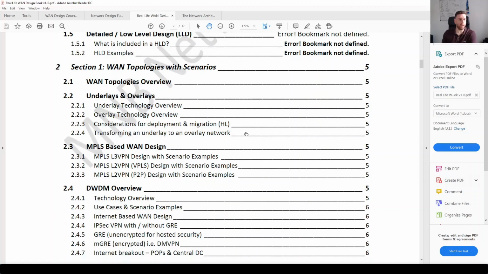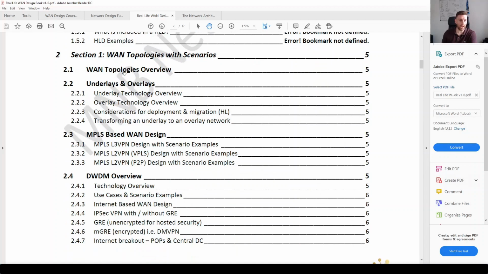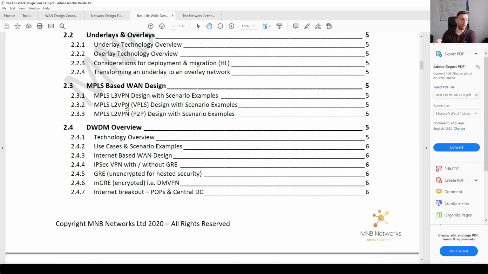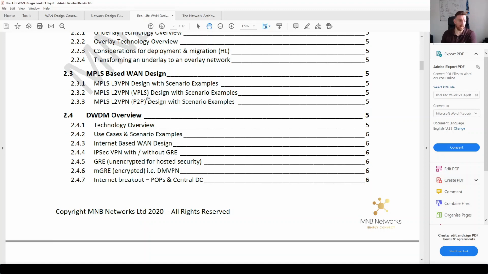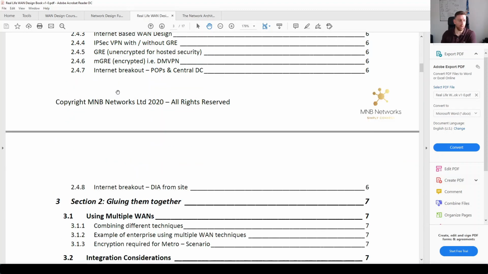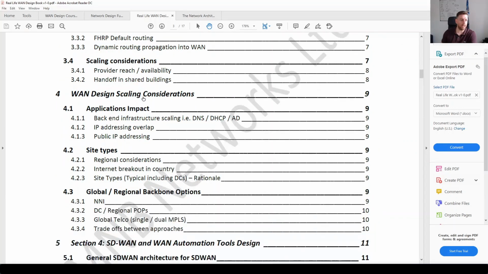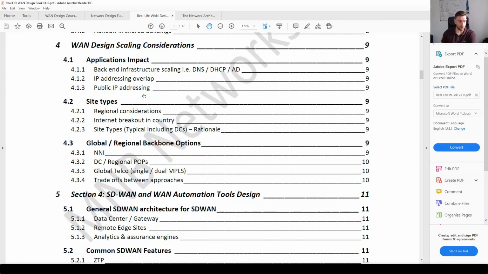But if we skip down here to section 1, topologies, so again it aligns with the subject matters that we talk about in the WAN design course. So the WAN topologies and overview, underlays, overlays, but you see we have all of these sub points which scale each section out, and we'll have diagrams, tables, explanations, etc. We talk about the different MPLS technologies, DWDM overviews, internet, gluing them together. So hopefully you get the idea of where we're going with this.